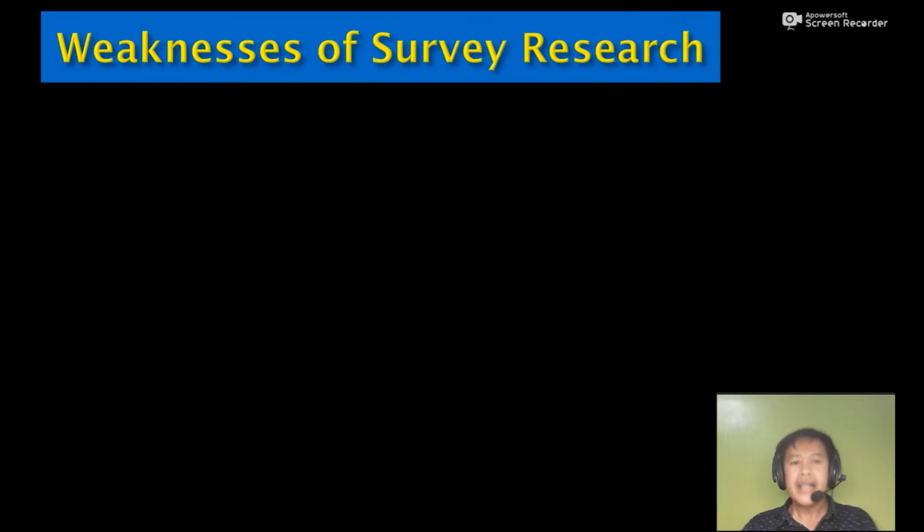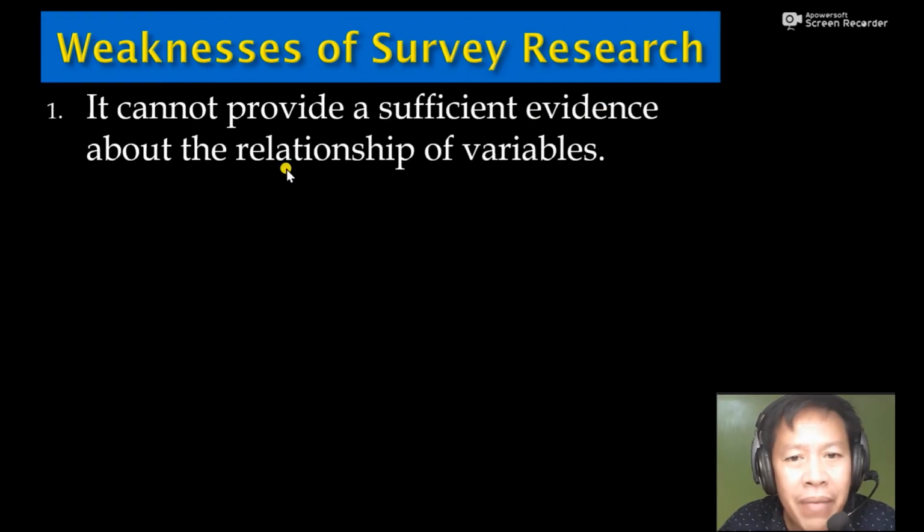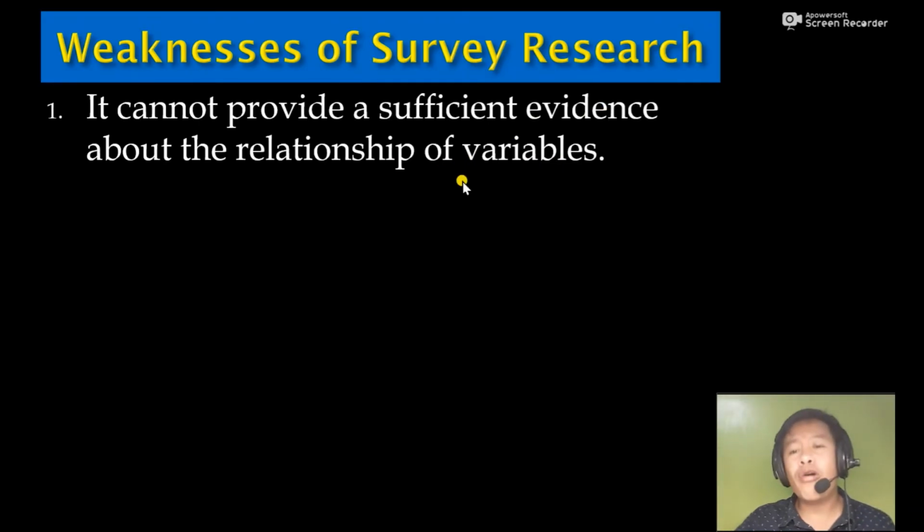Okay. Now, we are going to proceed with the weaknesses of survey research. It cannot provide sufficient evidence about the relationship of variables because you have only a limited number of participants. So, one of the weaknesses is it doesn't provide sufficient evidence about the relationship of variables.